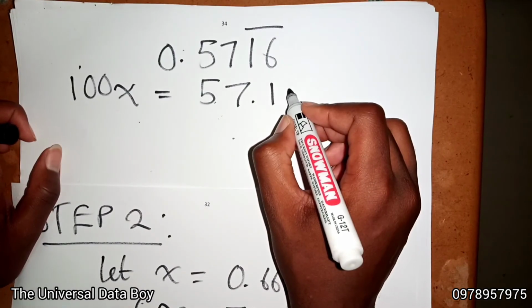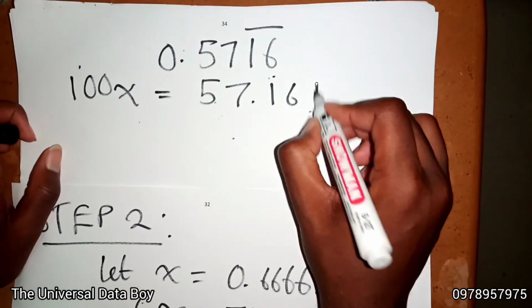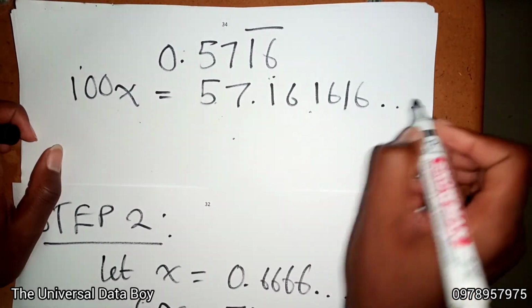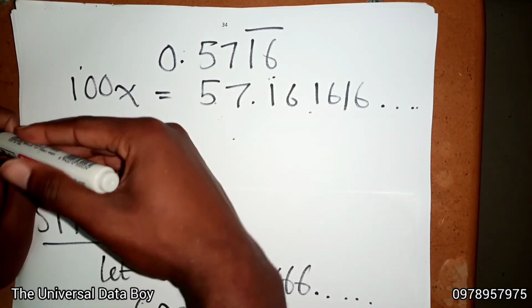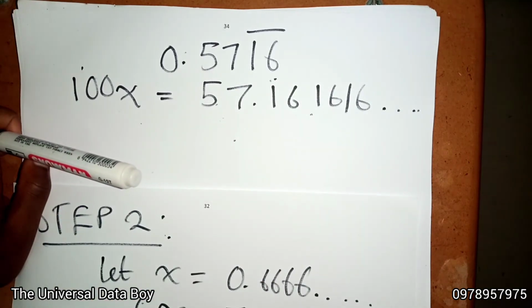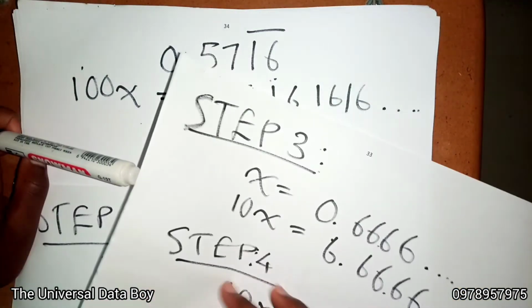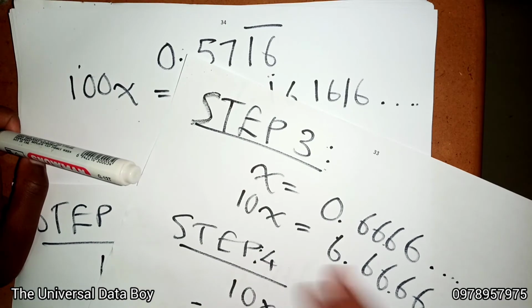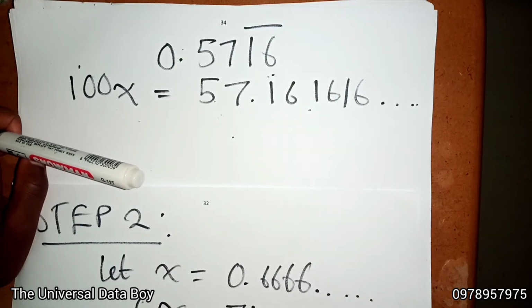57.16 repeating. That's 1616 repeating, like that. That was step 2. So in step 3, just as we did here, we're going to multiply such that the decimal will be after the first repeating number.